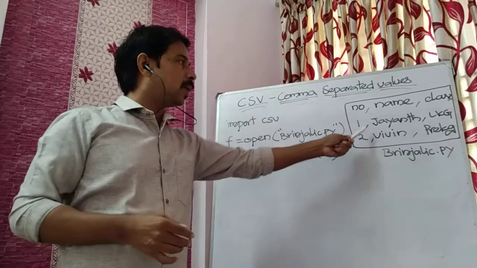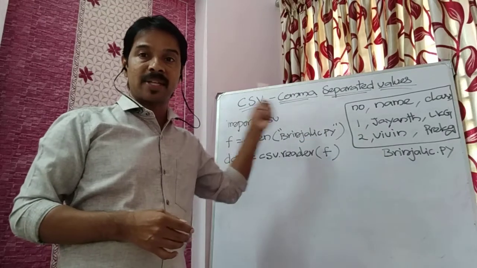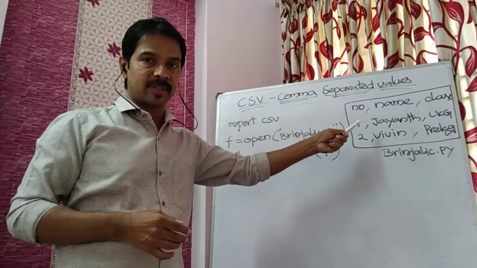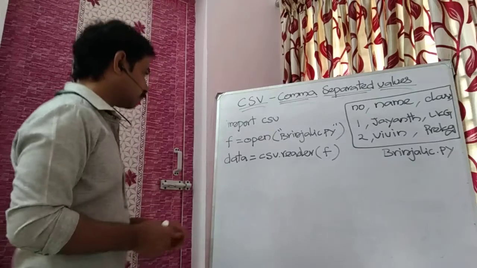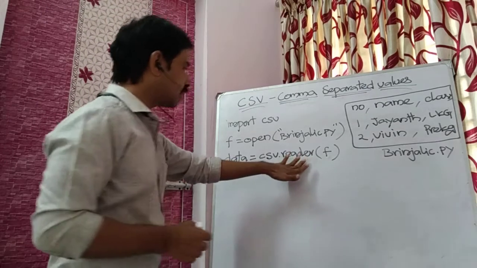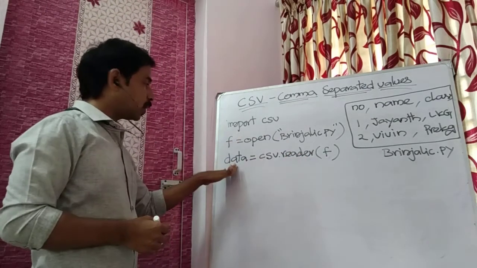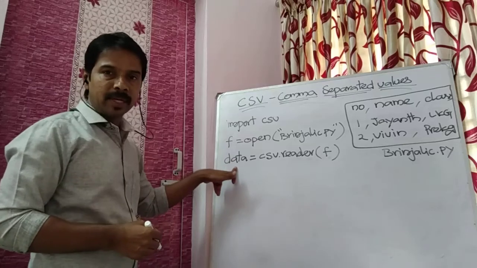By default the delimiter is comma, because we are accessing a comma separated file.